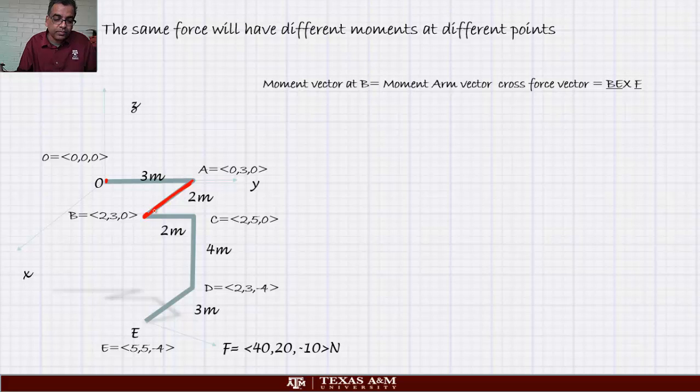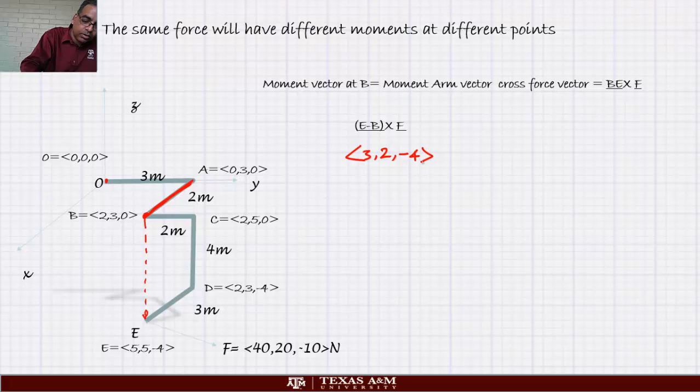Okay, so if I want to find the moment at B, I have to look at this vector from B to E, which is E minus B, crossed with F. E minus B turns out to be 3, 2, minus 4, cross F, which is 40, 20, minus 10.